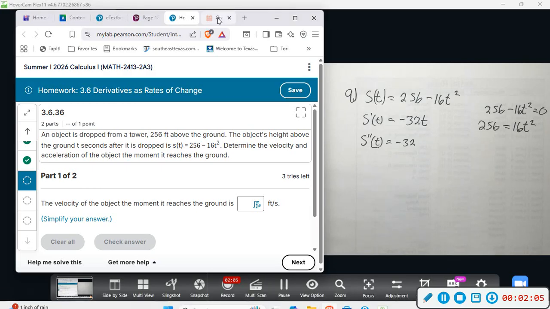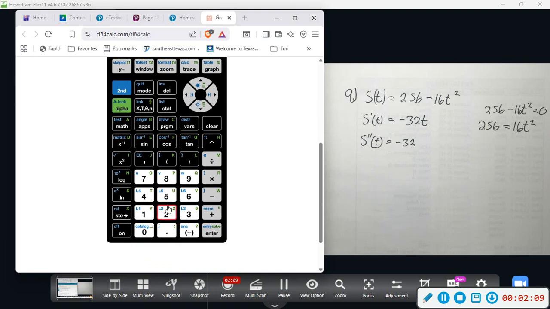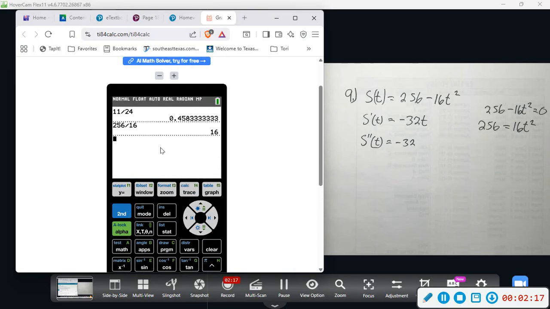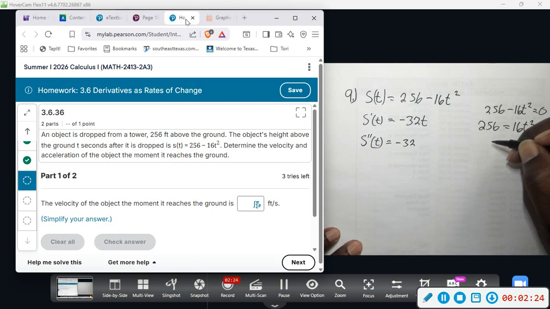Let's just double check. Yep, 16 times 16 is 256. Okay, so divide by 16, we get 16 equals t squared.